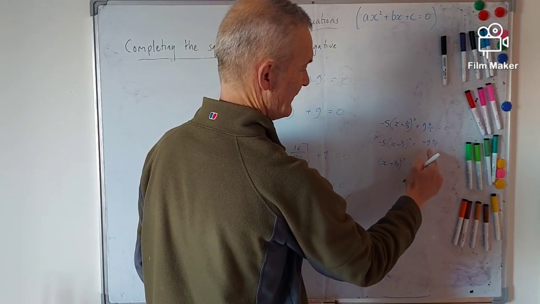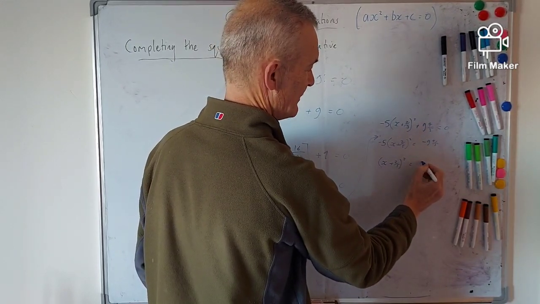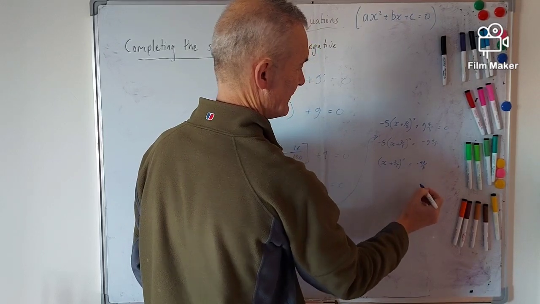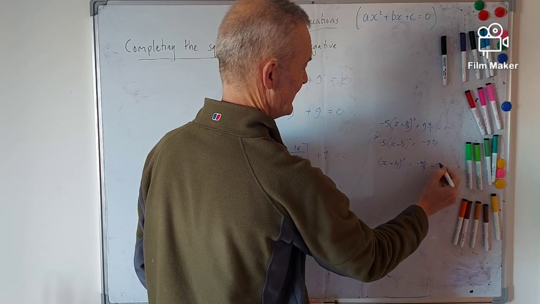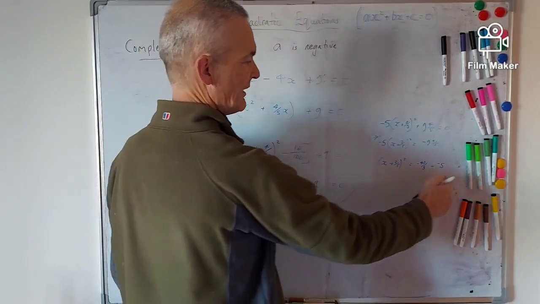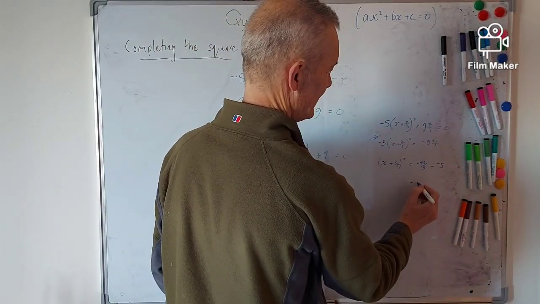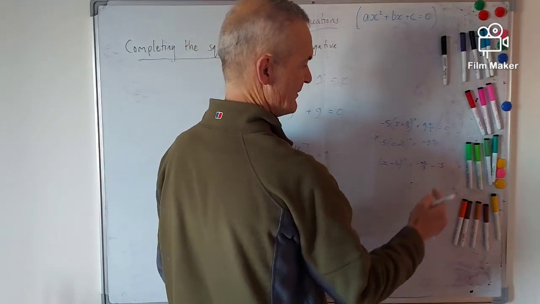So if I make this an improper fraction, I'm going to get that. And I'm going to divide it by minus 5. Okay, so I've got to deal with that here. Now can you see that we've got a negative divided by a negative?